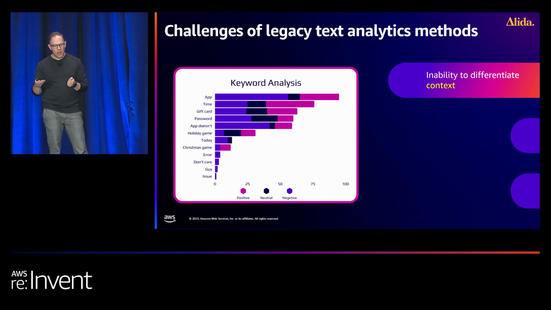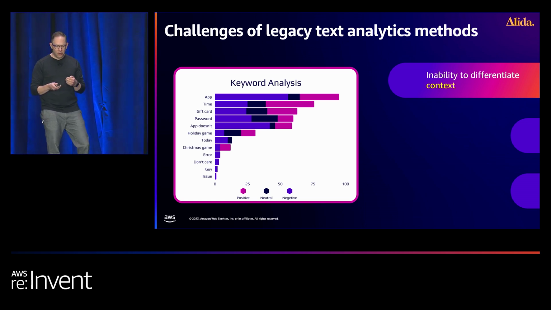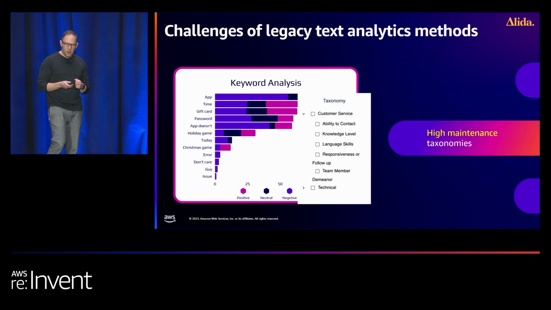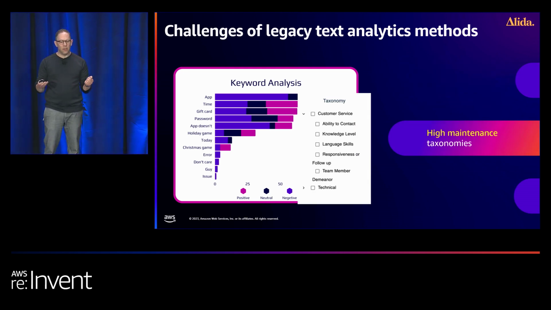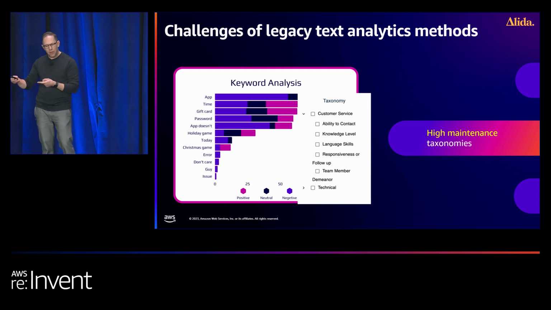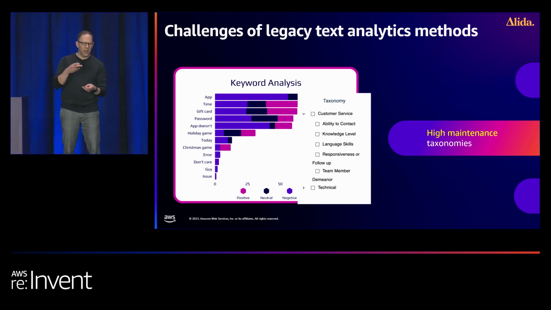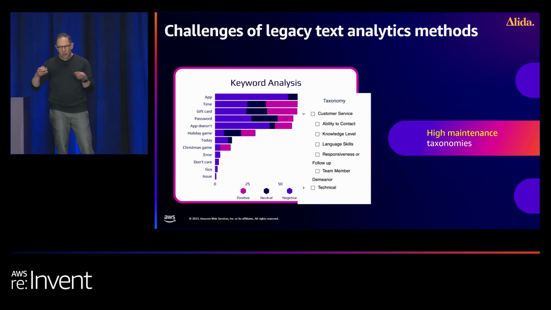And so our generative AI models, they understand context. They understand that this is an app review. We have these high maintenance taxonomies. And so maybe we want to understand how to label that data. And we want to label it like customer service or technical issues or maybe product quality.